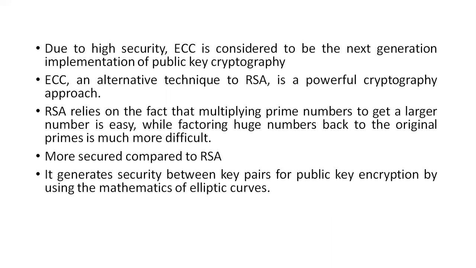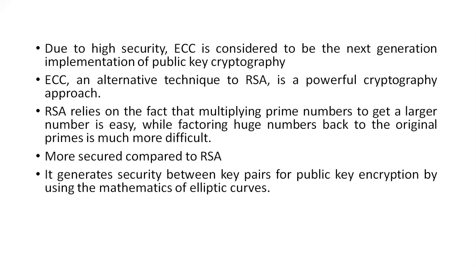ECC is very much similar to the RSA algorithm. The basic principle behind the RSA algorithm you have already studied in your previous sessions. RSA is also one type of asymmetric key cryptography technique, and ECC is also one type of asymmetric key cryptography. But when compared to the RSA algorithm, ECC is considered to be more secure. The principle behind RSA is that it is based on prime factorization.